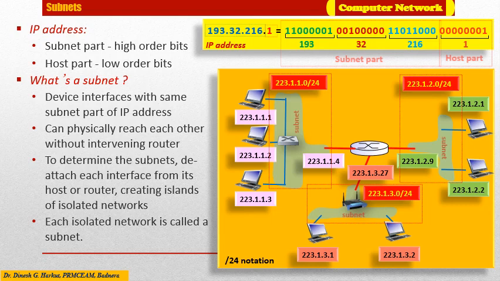define the subnet address. Here in this case, 223.1.1.0/24, this /24 format is a subnet notation. The significance of this 24 is that the first 24 bits of the IP address form the subnet.